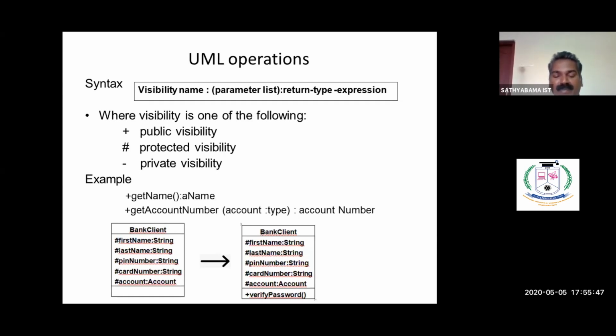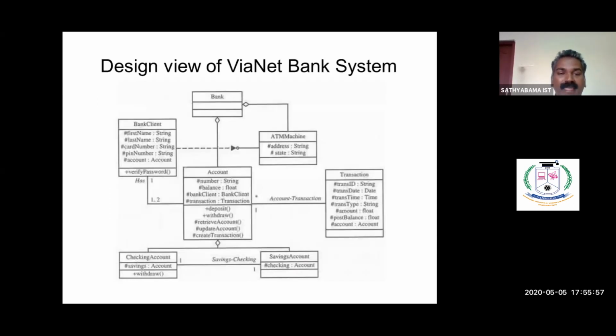It is a public operation which can be accessed from the outside world. Other objects can also access this verify password method. This is the complete view of our ViaNet bank system after designing classes, after designing attributes, after designing the methods, that is operations. This is the overview of the complete design.